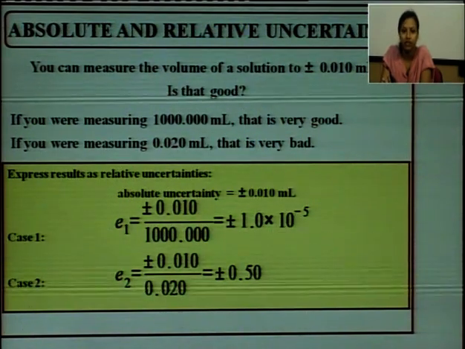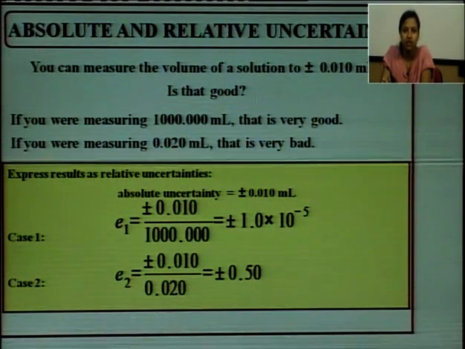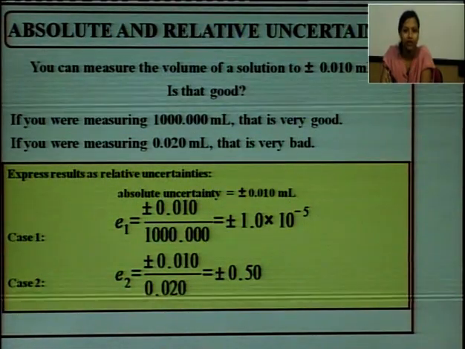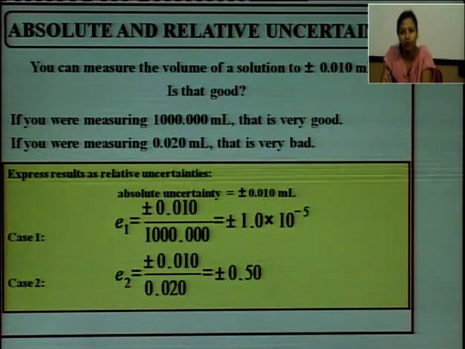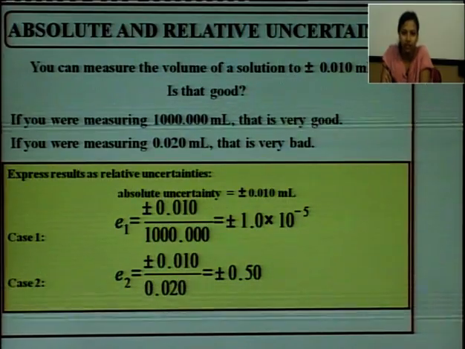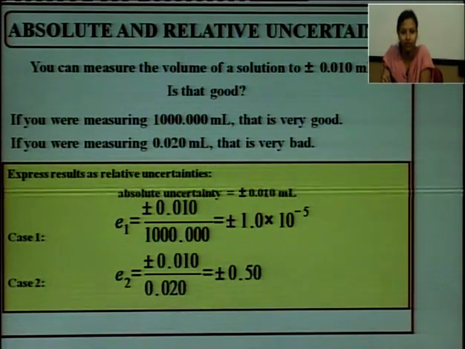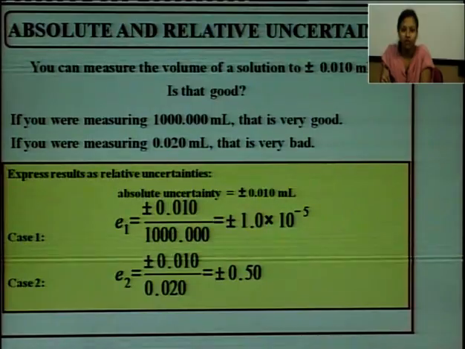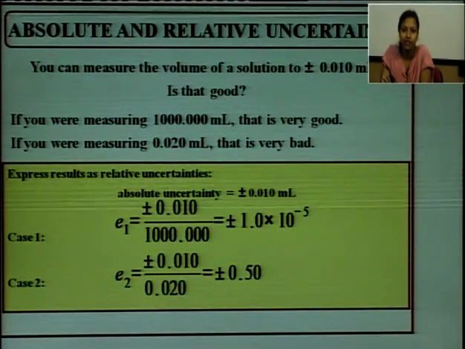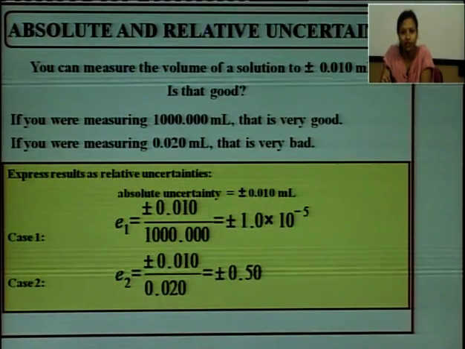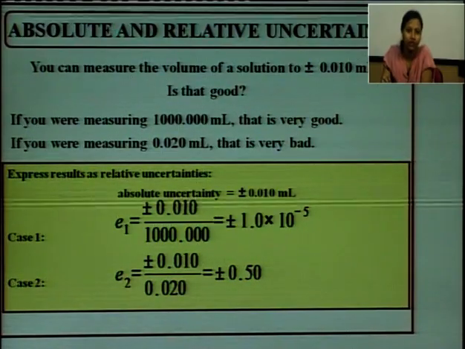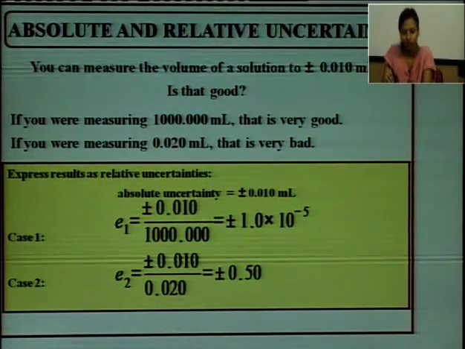So the uncertainty involved for the first case is 0.01 divided by 1000, it is equal to plus minus 1 into 10 raised to power minus 5, while for case 2, the error is equal to plus minus 0.5. So if the central value is more and the error is less, then that quantity is fine. But if the central value is less and the error is more, then that measurement is not fine.